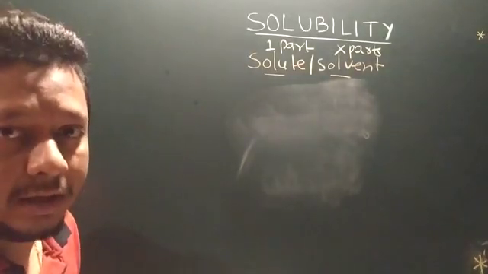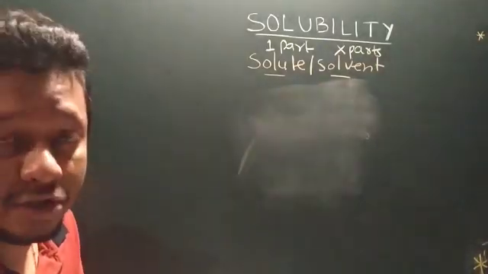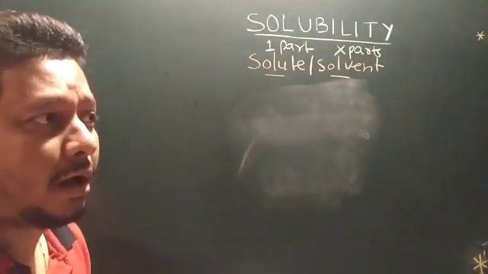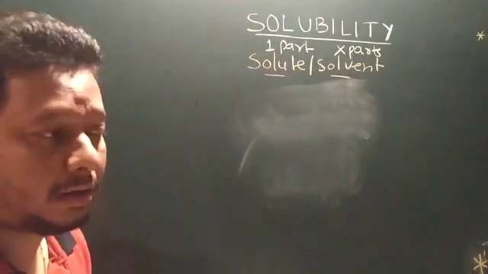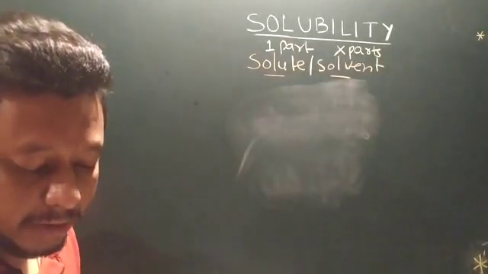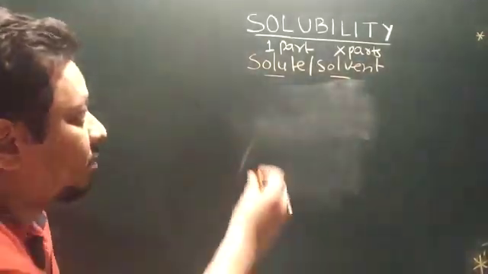As I already explained the pH and pKa relationship, I will be making the percent ionization concept video very soon. That's also very important for GPAT. And solubility also depends upon the dielectric constant of solvent.